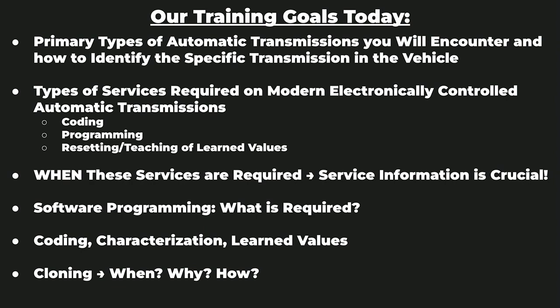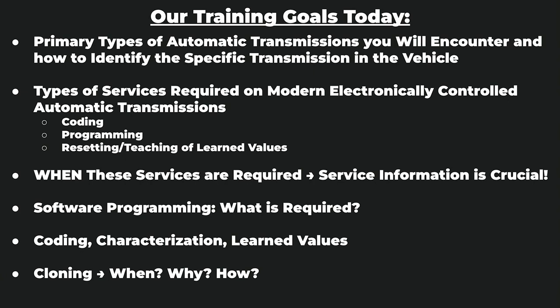Most importantly, we always want to look at our service information in order to determine what the needs are for the specific vehicle and when those specific operations need to be carried out. If we look at our slide deck here, you can see that there are a number of different types of services that may be required on any electronically controlled automatic transmission today. That would include programming, coding, and resetting or teaching in of learned values.